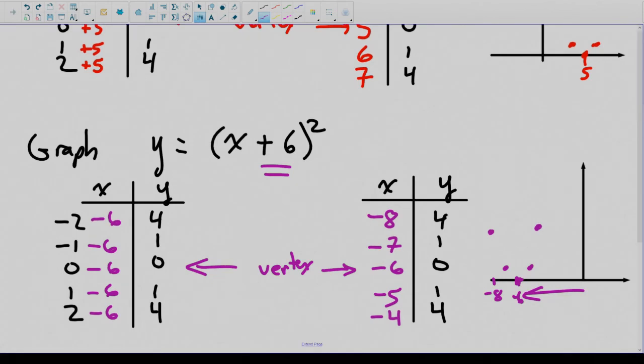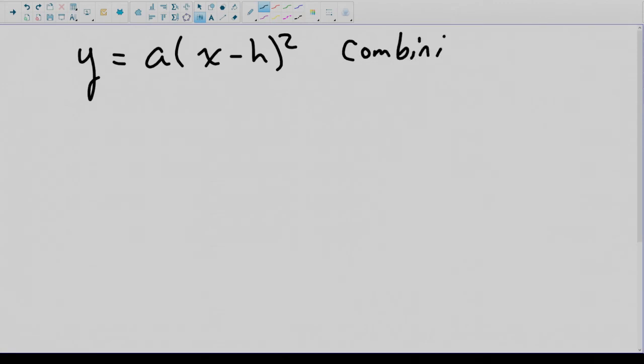So what we can also do now to move us a little bit ahead is what happens if I throw the a value in there as well. Okay, so combining two transformations. Eventually we're going to do all three.